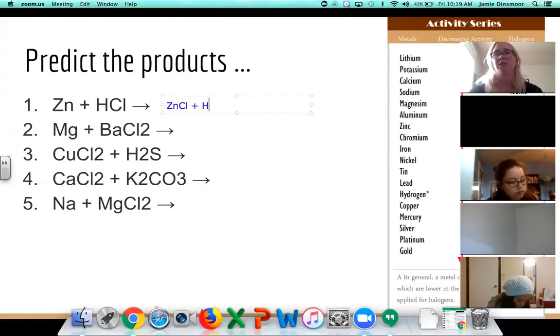Now, we need to balance this equation, right? So, to balance this, we need to think about the bonding between zinc and chloride. Does anybody know the valence electrons for zinc? Or have any idea of what our subscripts should be here?